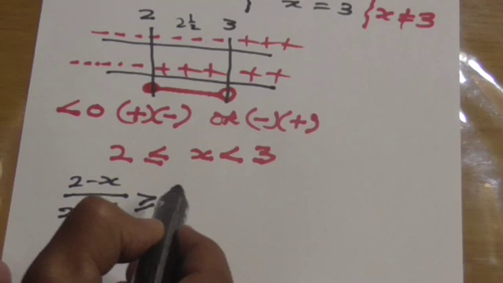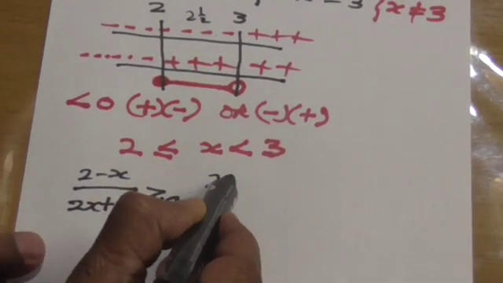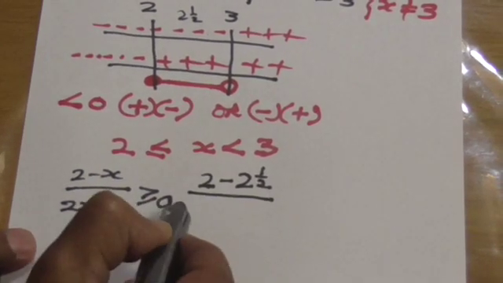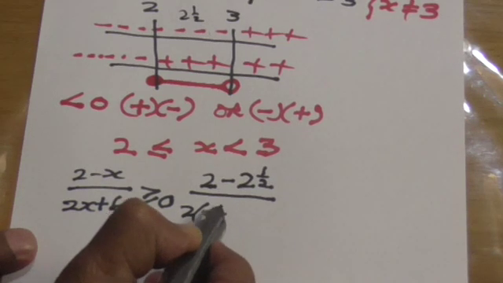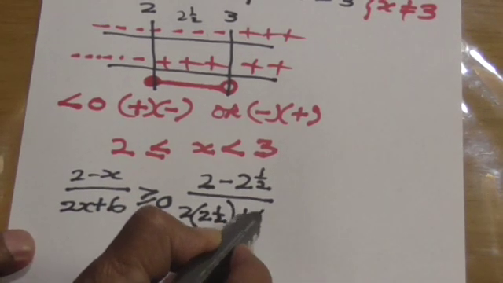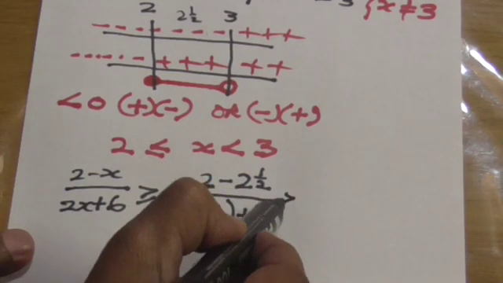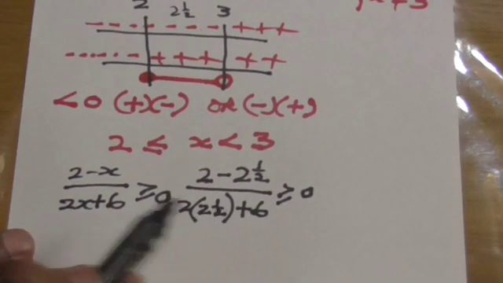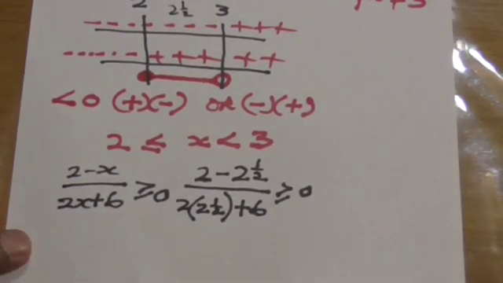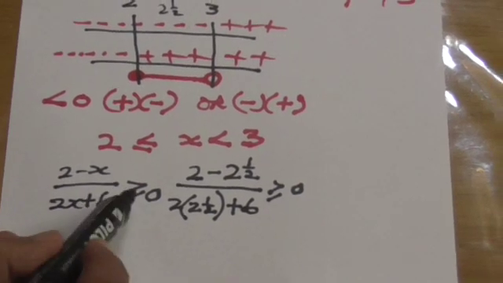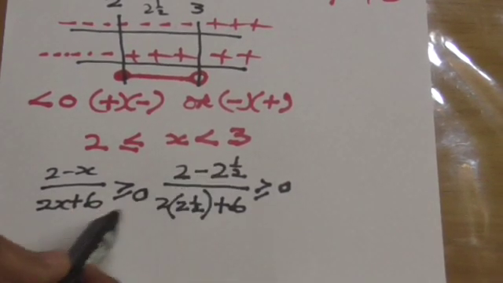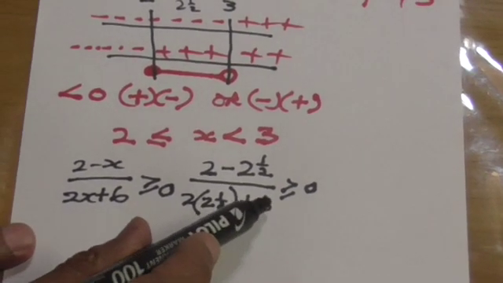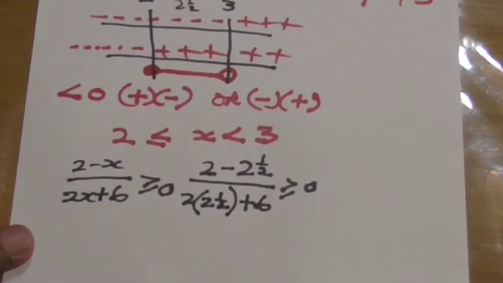So if you take 2.5, we are saying 2 minus 2.5 all over 2 times 2.5 plus 6 is greater than or equal to 0.